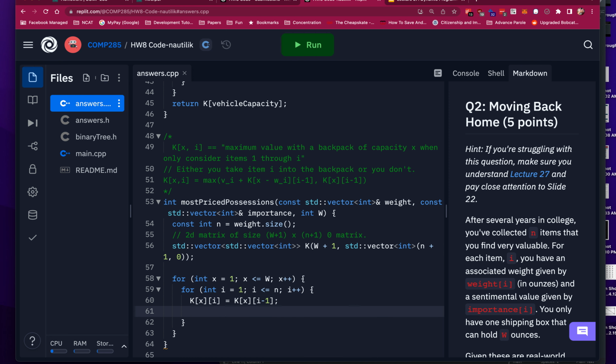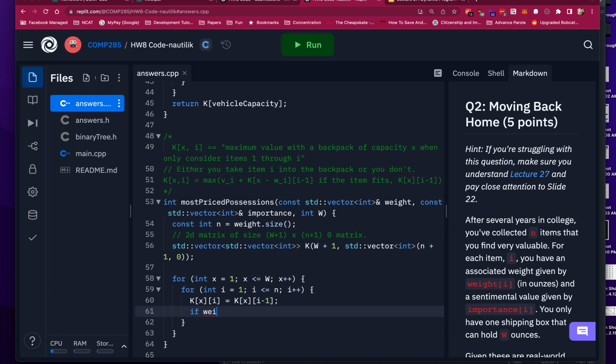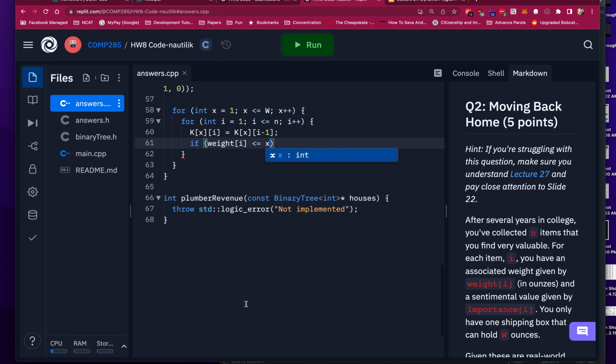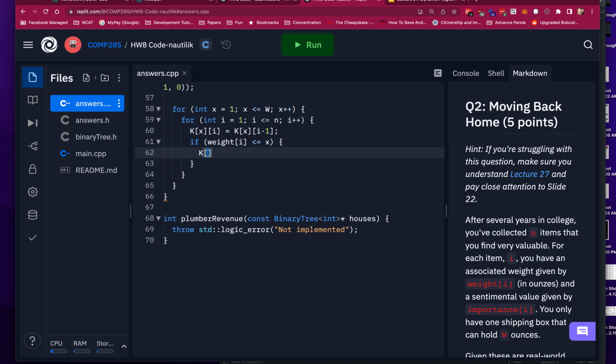And then the other thing to consider is this first case only exists if the item fits, right? So if the weight of item i is less than or equal to x, so if it fits in my backpack, then maybe I'll take it.